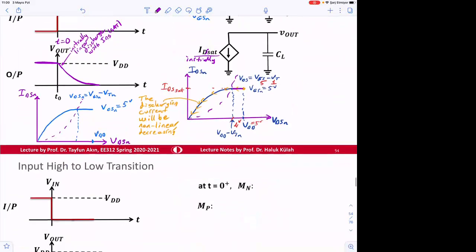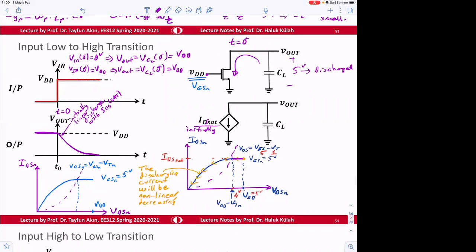So we know the trajectory here. We know all the current equations here, so we can find the 10% points easily. The 10% point is this point. Why?